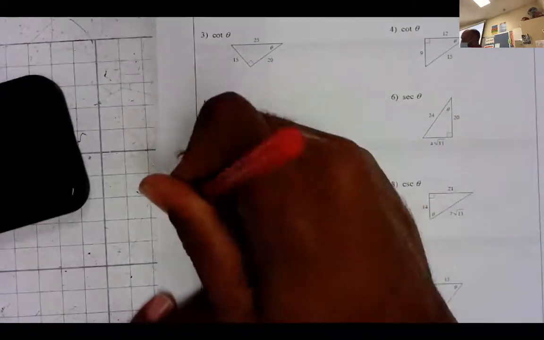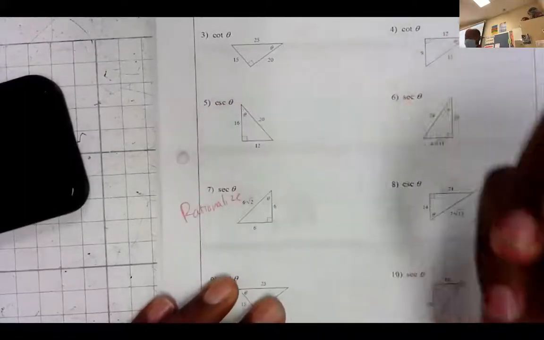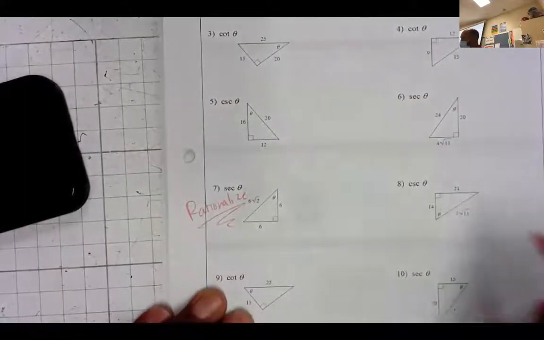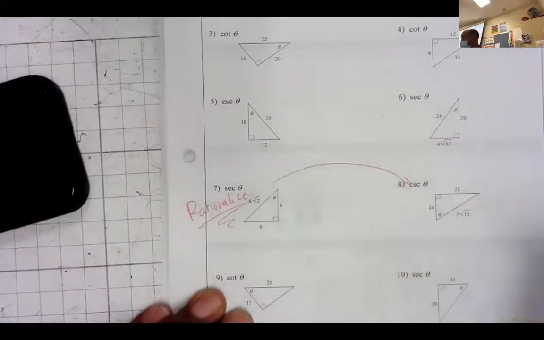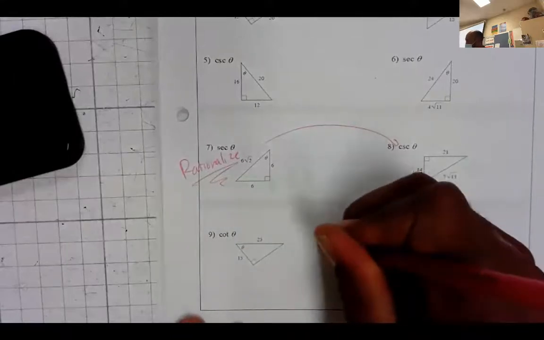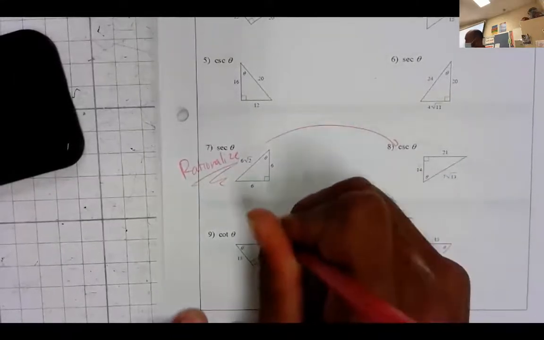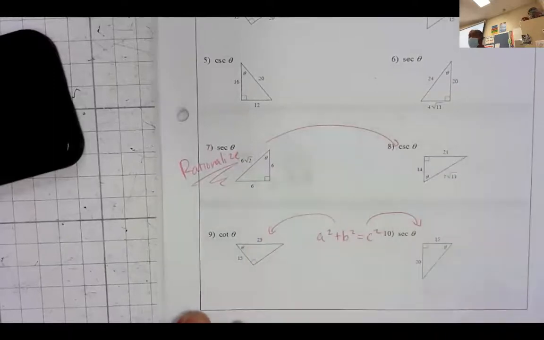When you get down here, you're going to have to rationalize, meaning you're going to have to get rid of that square root on the bottom. So here and here. These last 2 on the bottom, you're going to have to find the missing side and use a squared plus b squared equals c squared. So you have to do that first before you set up your ratio.